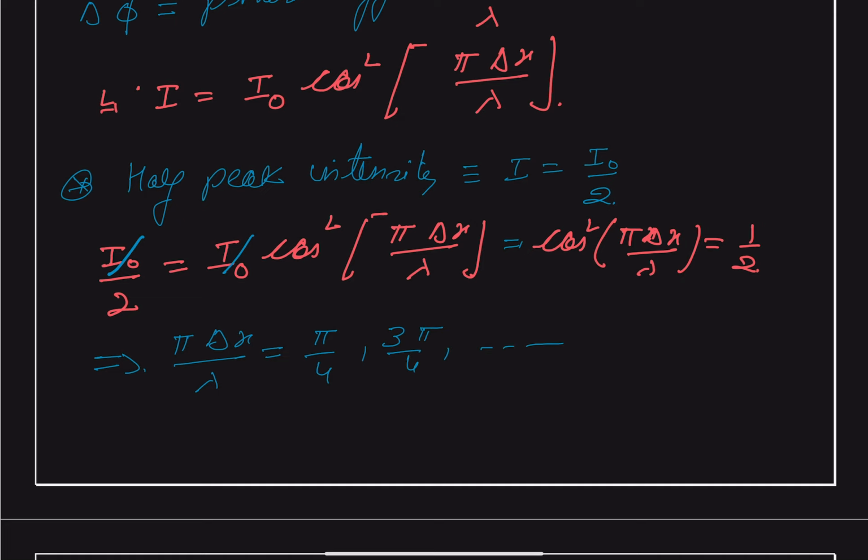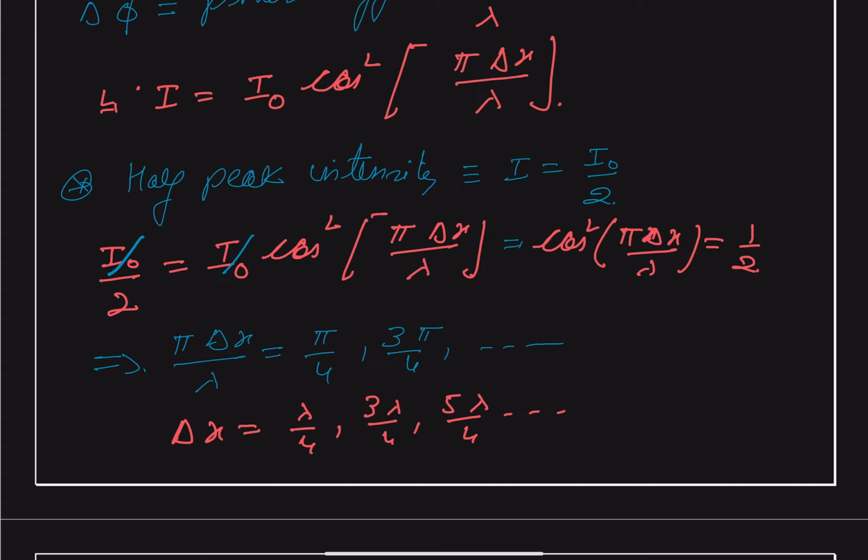Therefore the path difference delta of x will be equal to lambda by 4, 3 lambda by 4, 5 lambda by 4, and so on.